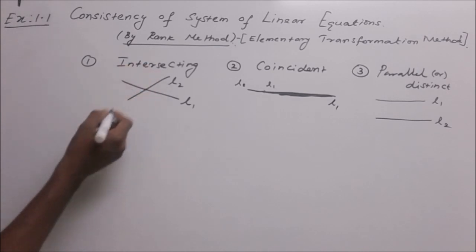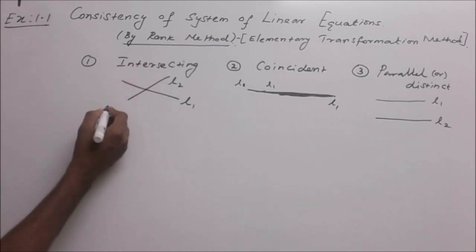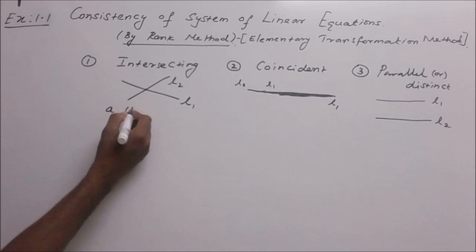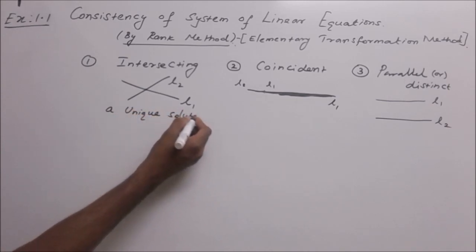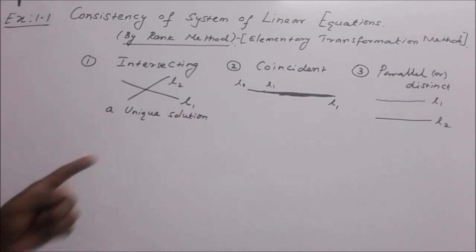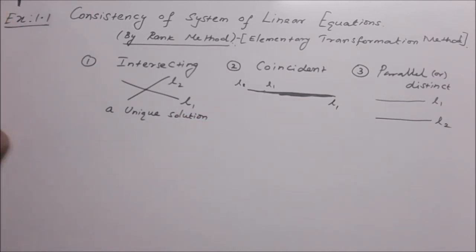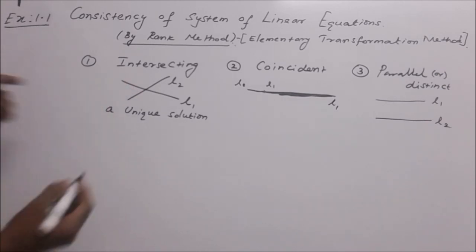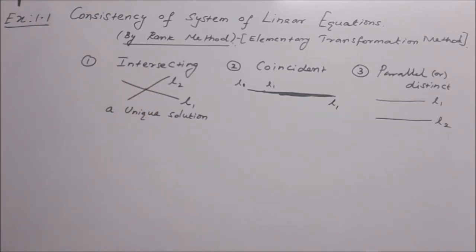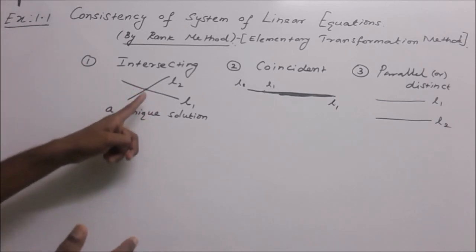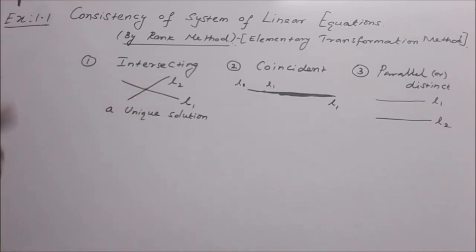Therefore, a unique solution occurs here. Solution means a common point that lies on both the lines. This intersection point is known as the solution. It has a unique solution because both intersect at a single point.